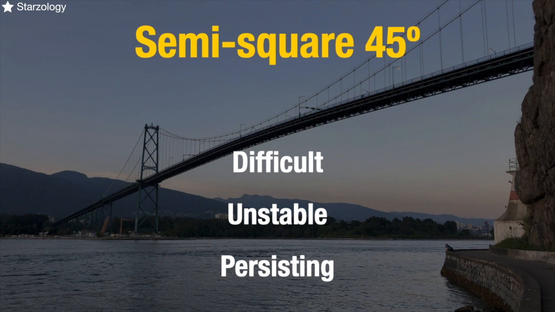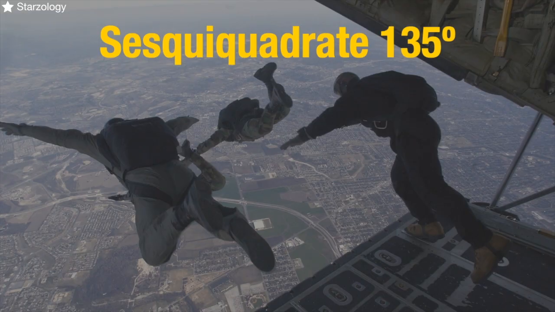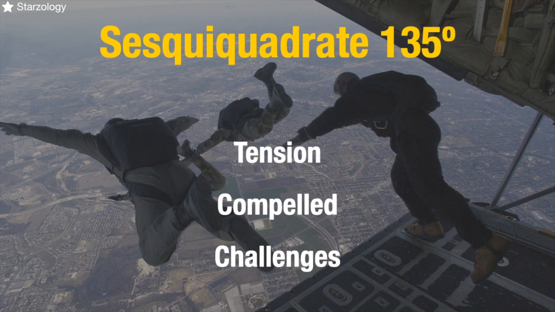So that is kind of the image you want to carry about your semi-square, that it's like a suspension bridge. Then we have the sesquiquadrates, and here I have a couple of guys. I'd love to say it was me, but there's a couple of guys here leaning into the void. There is tension here. People feel compelled to move on sesquiquadrates, and there are obviously challenges. So if you have two planets that are sesquiquadrate each other, there will be a bit of tension.